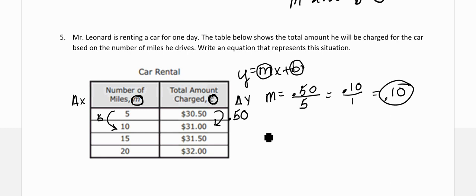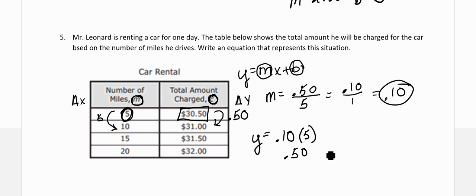So let's go ahead and start my equation. y equals 0.10x. So let's choose an x value to plug in to solve for what I need. So let's plug in 5. Get my eraser here. So I'm going to plug in 5 miles. So 10 cents times 5 would be 50 cents. But I want $30.50.